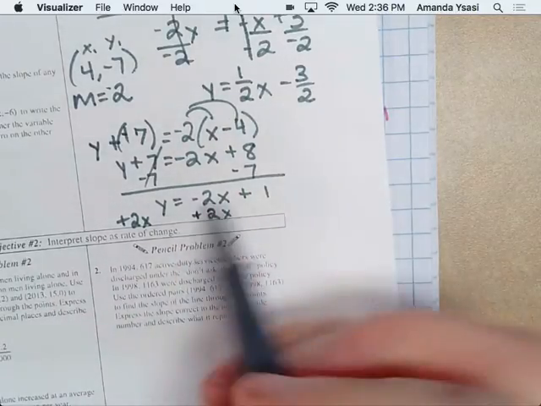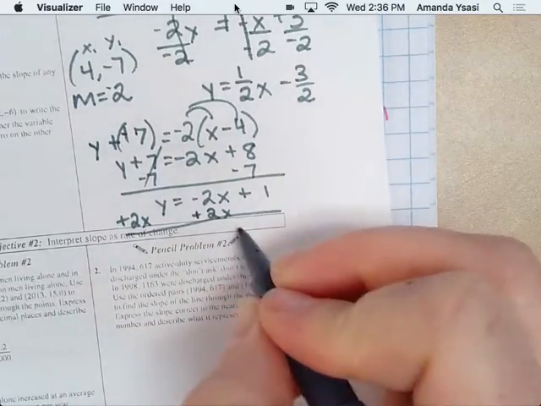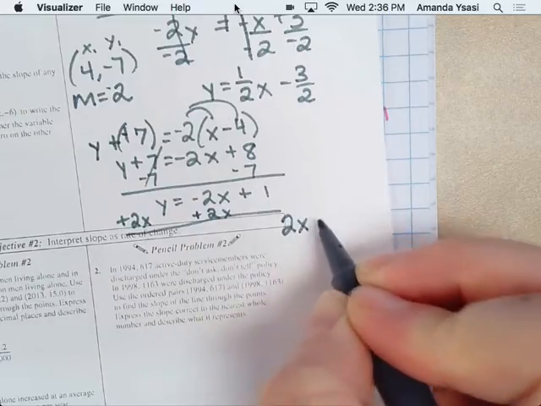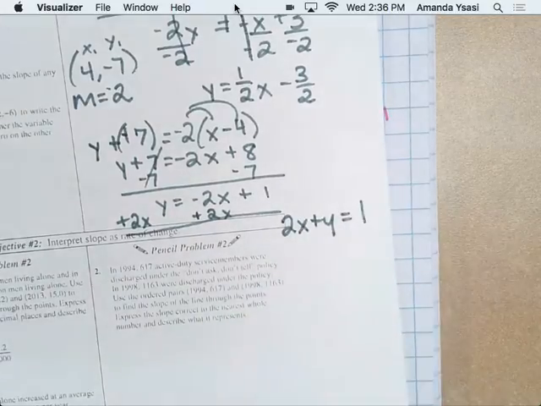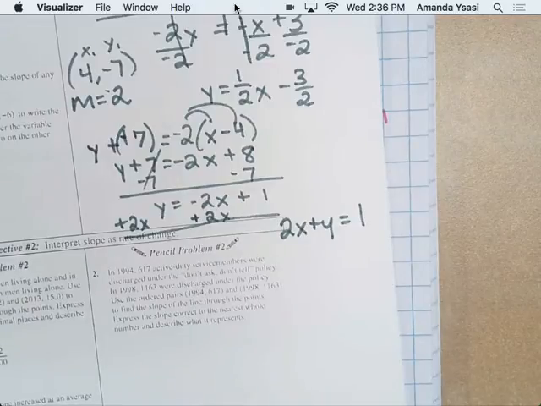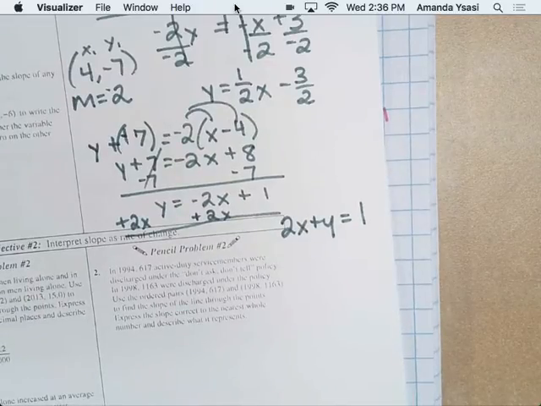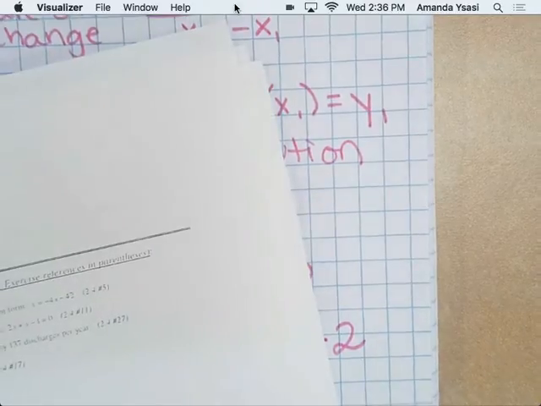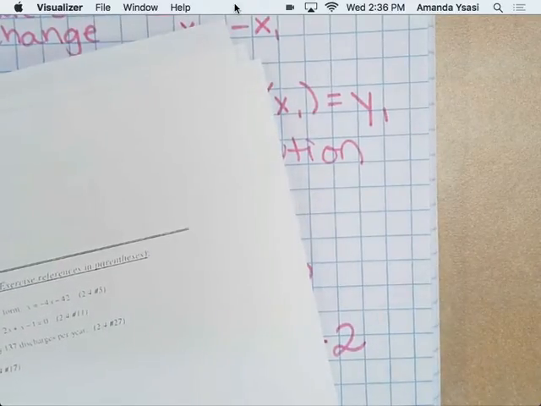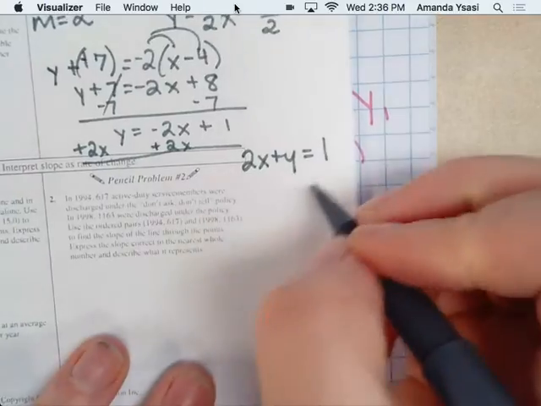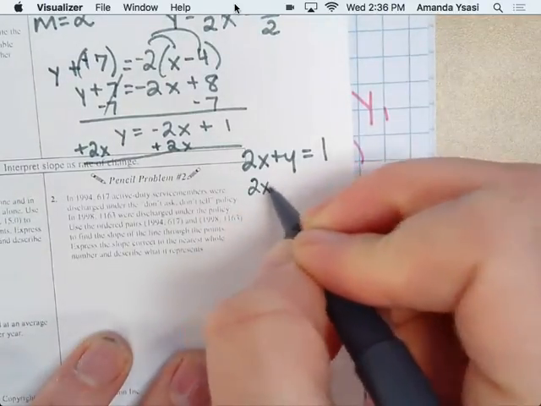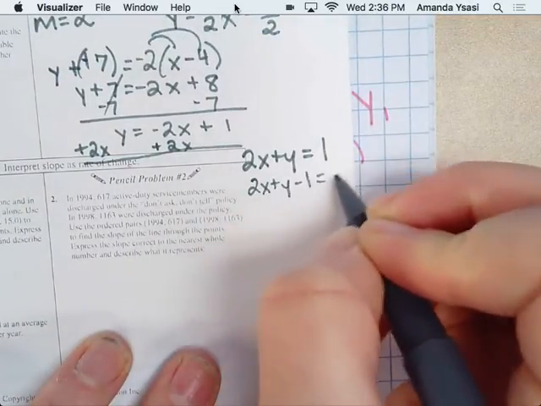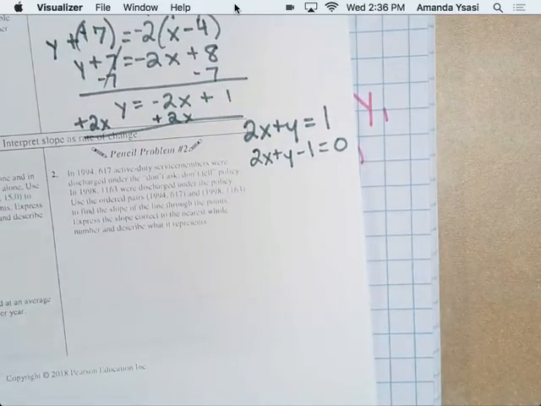So when we do that, we get 2x plus y equals 1. Oh, that's standard form. General form, you have to move the other one over. 2x plus y minus 1 equals 0. You have to move all the terms over for the general form. That was standard.